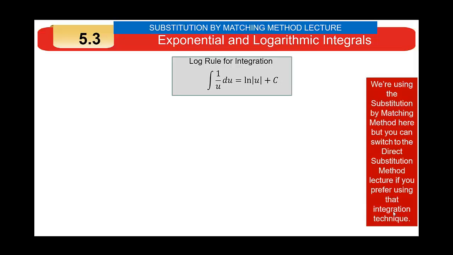Given that, yes, the log rule for integration is very simple. The integral of 1 over u du is the natural log of the absolute value of u plus c. And we'll continue the matching examples for the logarithms as well.